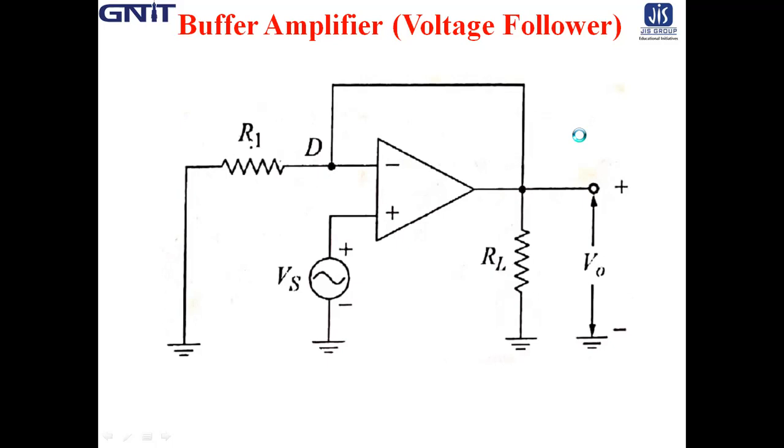We know the principle, that is, output is the same as input. So is it possible to configure it based on the inverting amplifier? No, because in the case of the inverting amplifier, the gain is minus Rf by R1, so a negative sign comes.